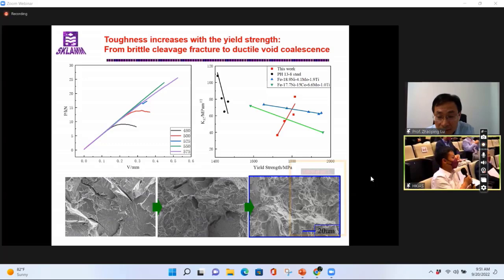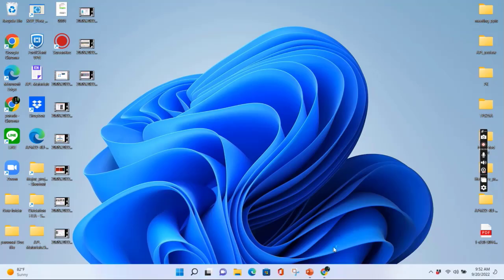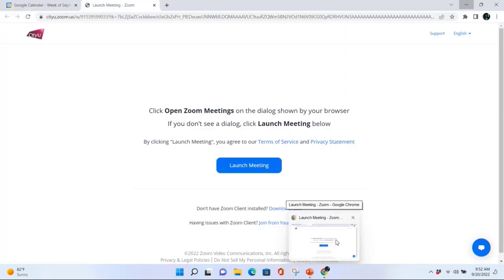I have a small question about the irradiation tolerance. I'm curious about the irradiation tolerance of the coherent steel.